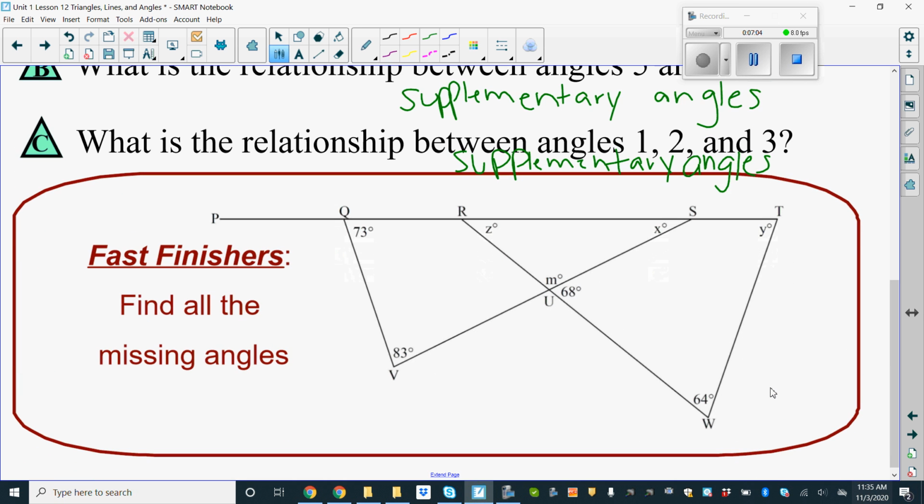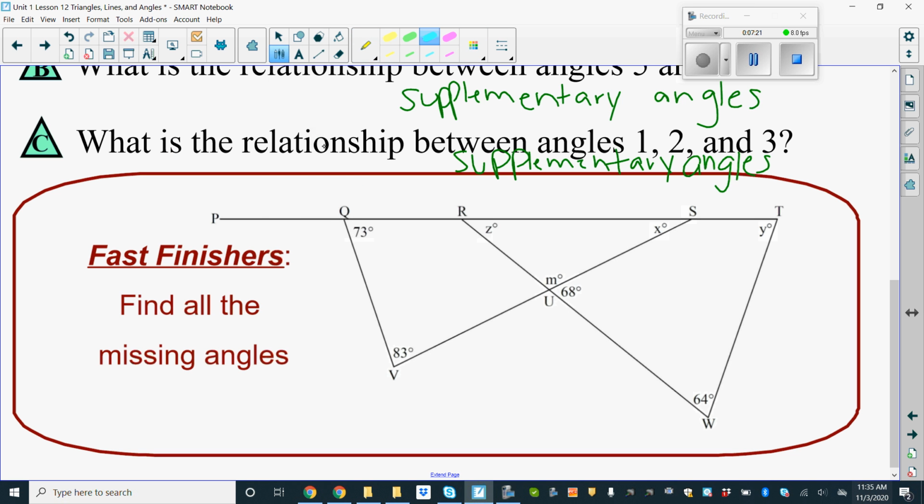And we are going to complete the fast finisher. For this fast finisher, we are going to first see what we have to do. We have to find all the missing angles. In this picture, we have a lot going on.